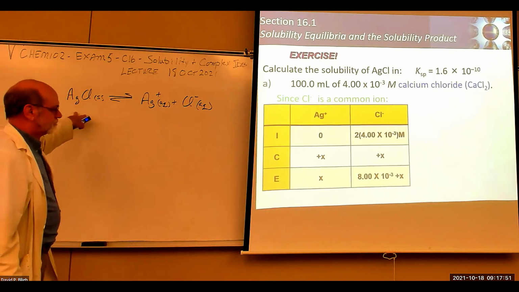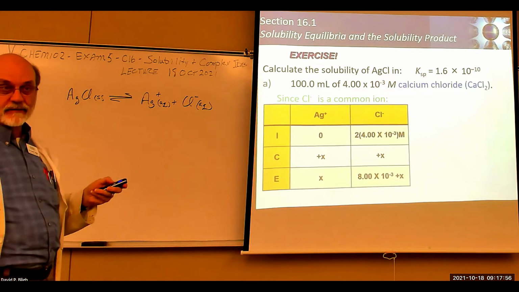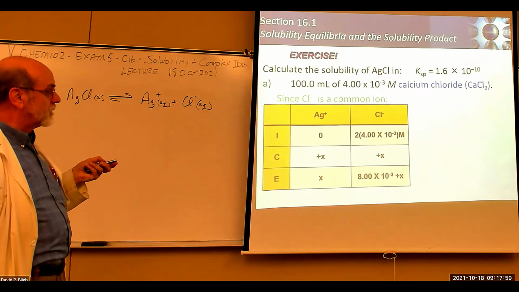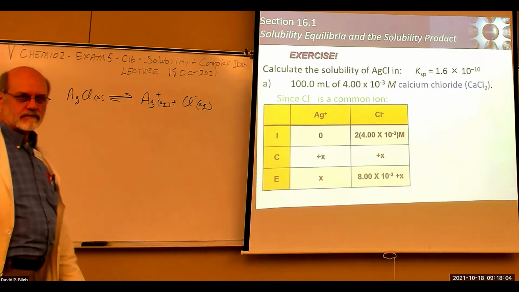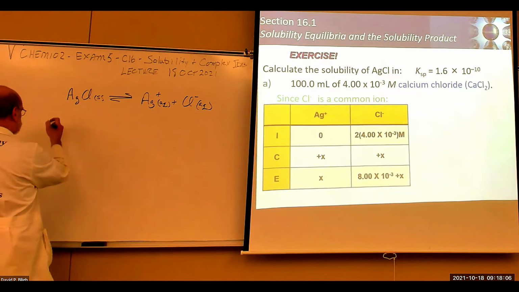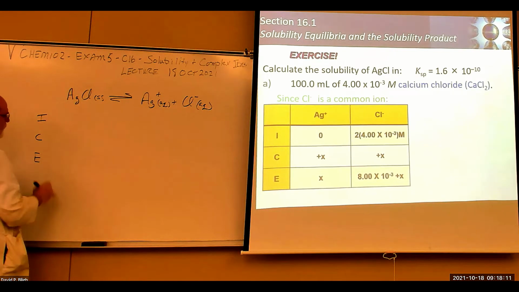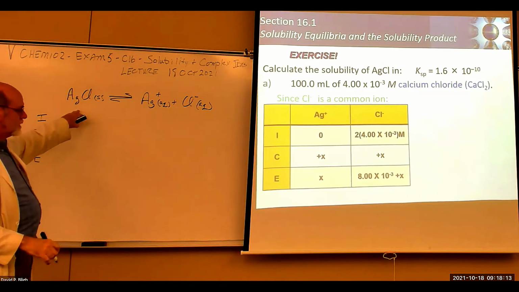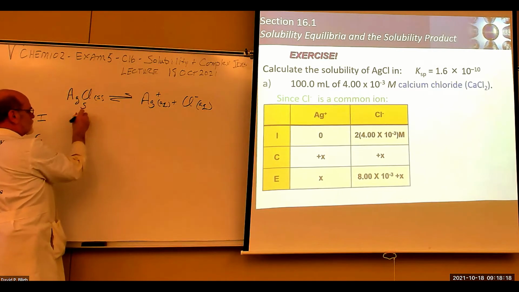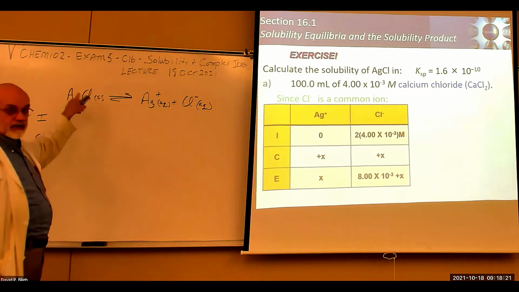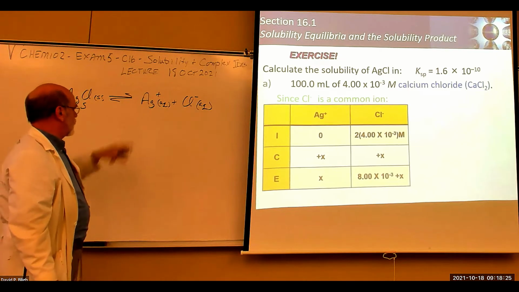So here's our ice table. When you're doing this type of problem, an ice table is a good idea because you're introducing a coupled reaction. So we've got initial conditions, change, equilibrium. The silver chloride solid doesn't count, but just recognize that we're still interested in the solubility of that solid. So what are we starting off with?